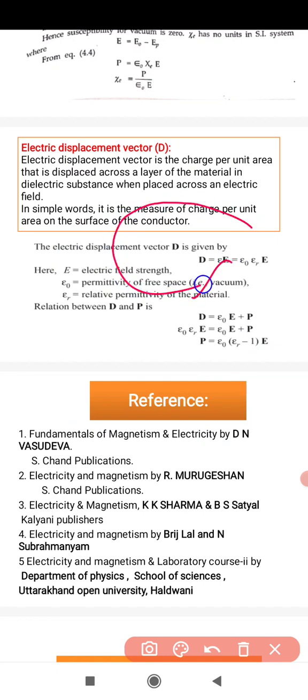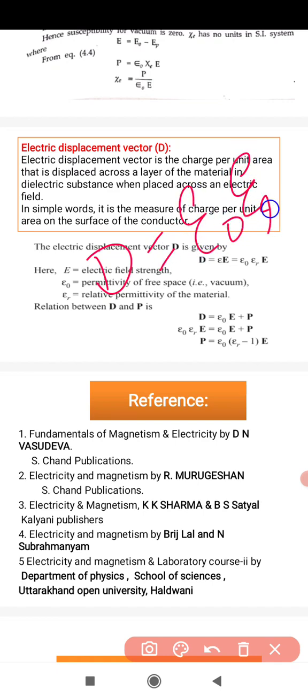This is the electrical displacement vector. Therefore, D becomes epsilon naught into epsilon R into E.